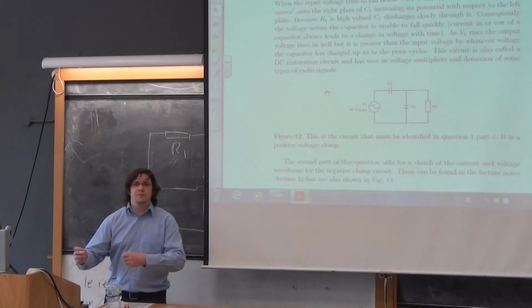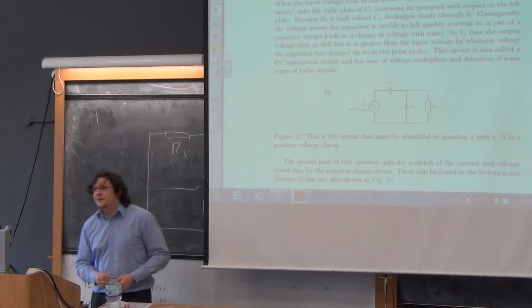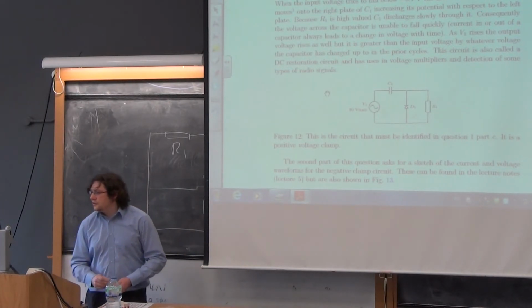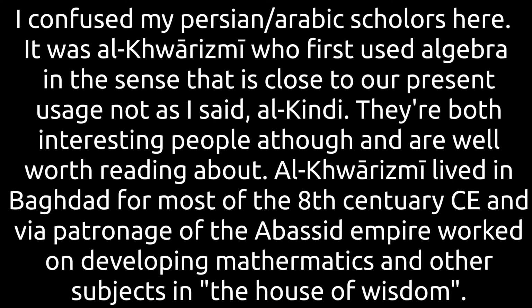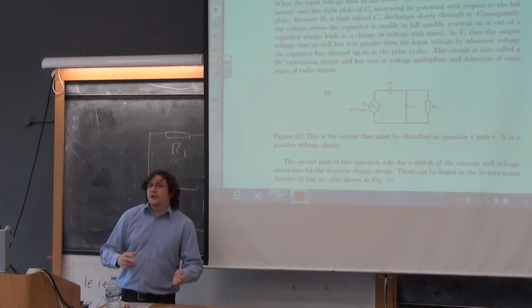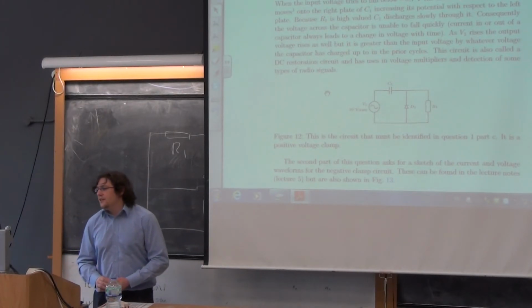That's how it was done for a couple hundred years in the middle of the period of great Islamic science. But we have to do it in words for circuits now.